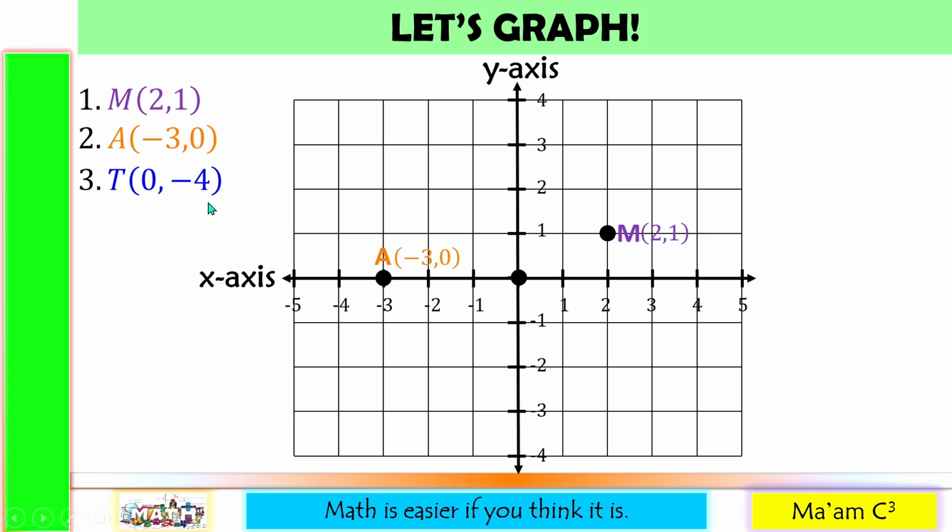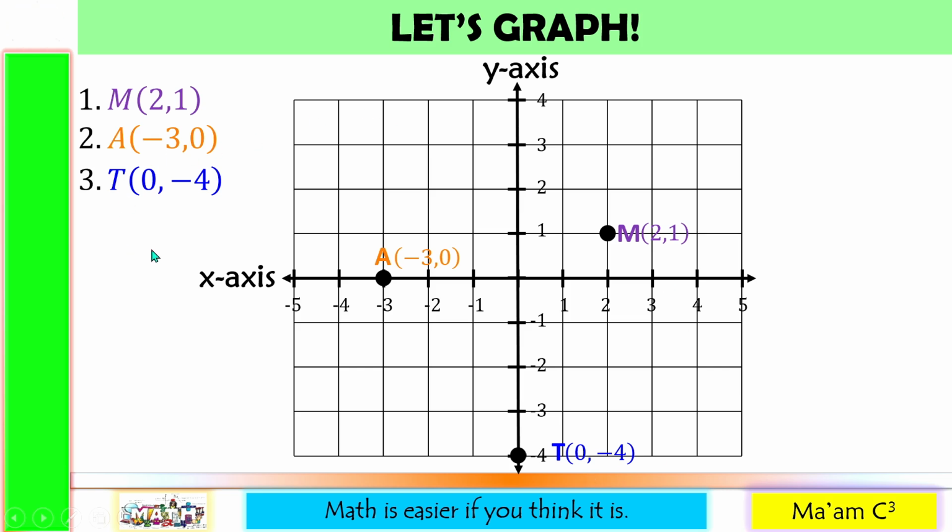It means we're going to move 4 units on the y-axis. Since this is negative, we are going down. So from here, 4 units going down. 1, 2, 3, and 4. So this is now the point T with coordinate 0, negative 4.